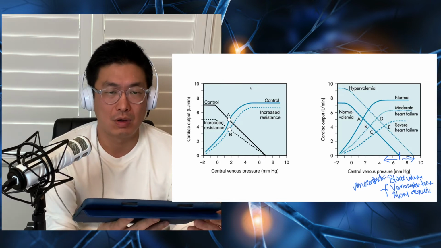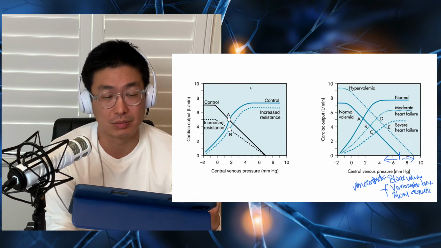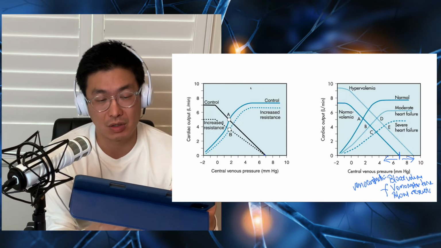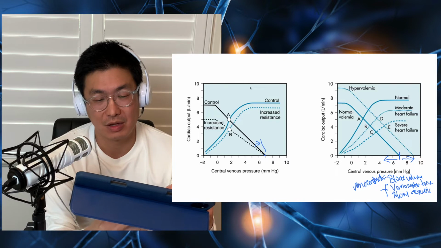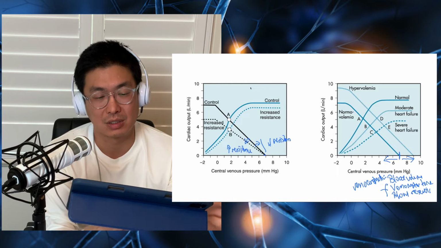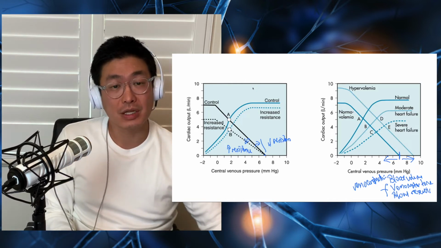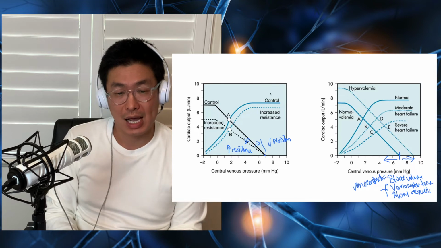Now, when we talk about peripheral resistance, that's primarily due to your arterial tone, and that's going to rotate it. It's going to rotate up if there's a reduction in resistance, and rotate down if there is an increase in resistance. And those are the different permutations of this graph here.